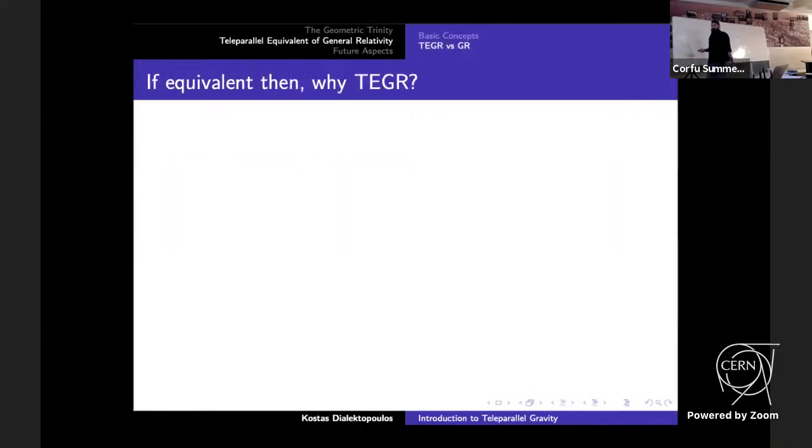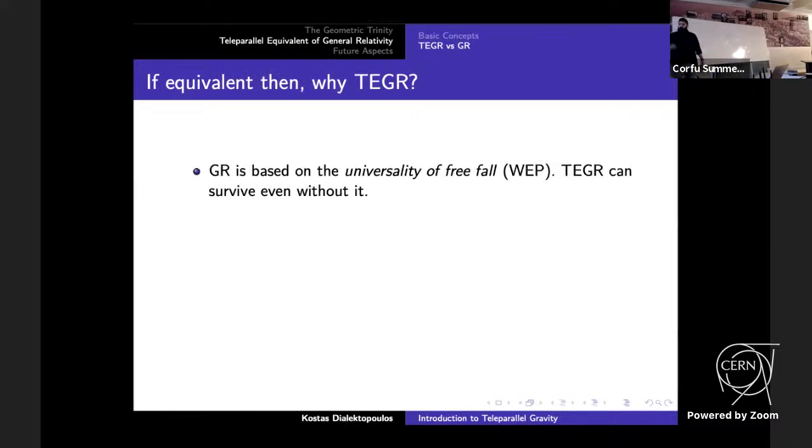So if they're equivalent theories, why should we bother? The thing is, as I said, the universality of free fall. If somehow the equivalence principle is violated, GR will not survive, while TGR could. In addition, it is believed that TGR links to Newtonian gravity better in the weak field limit, because both have this property: Newtonian gravity could also survive without the equivalence principle.